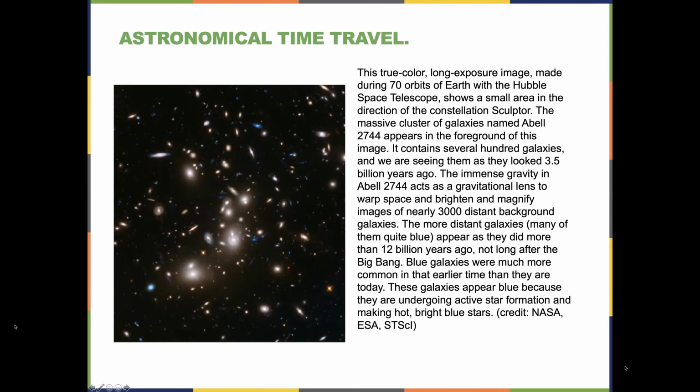This is a long exposure image made during 70 orbits of Earth with the Hubble Space Telescope. The Hubble Space Telescope is in orbit, so it goes around the Earth, and it has made this image during 70 orbits. So when it goes around 70 times, it has captured the same thing again and again.